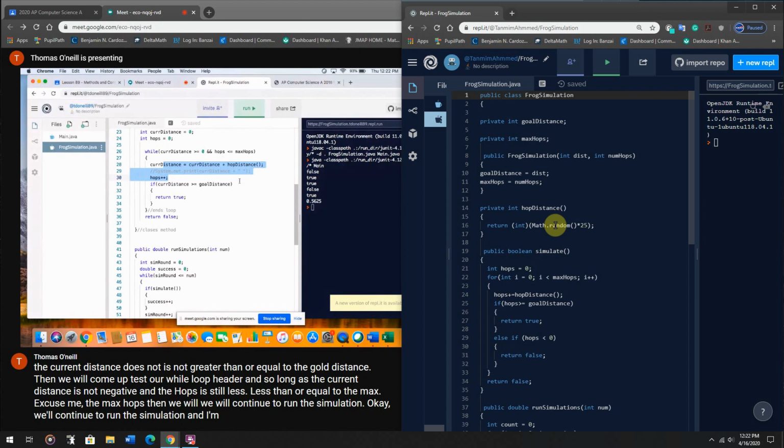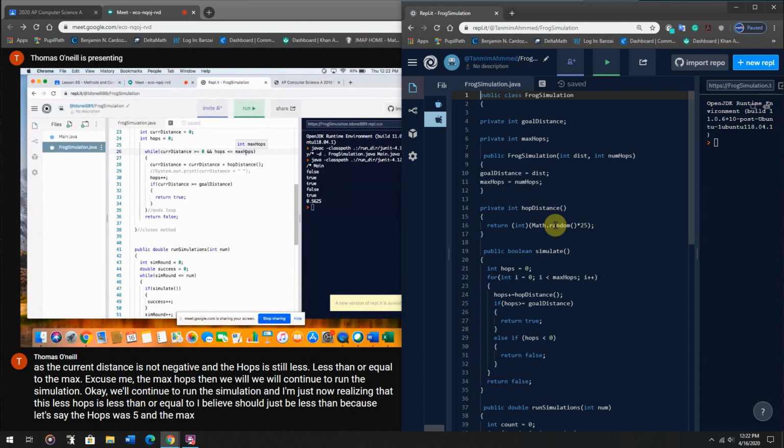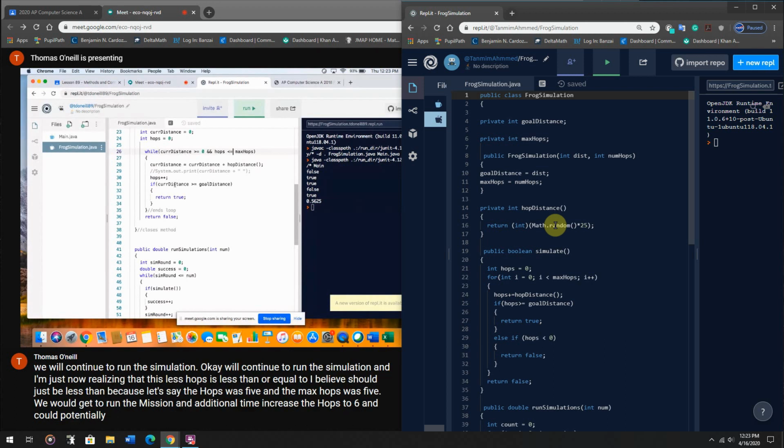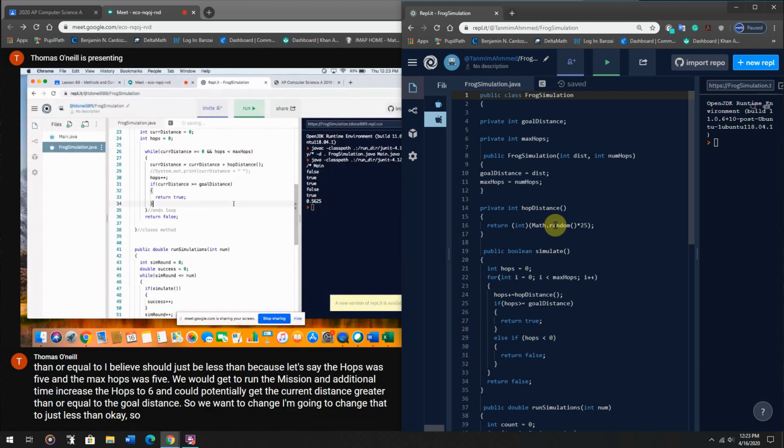I'm just now realizing that this hops less than or equal to, I believe should just be less than, because let's say the hops was 5 and the max hops was 5. We would get to run the simulation an additional time, increase the hops to 6, and could potentially get the current distance greater than or equal to the goal distance. So I'm going to change that to just less than. No, wait a minute.